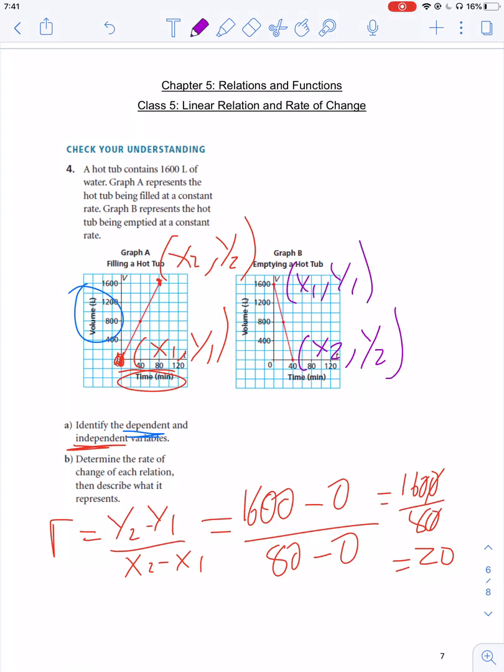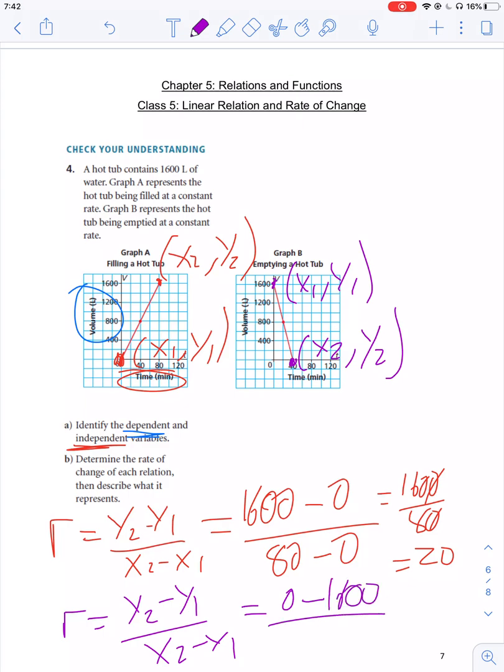So r for this one in purple is equal to y2 minus y1 over x2 minus x1. The y coordinate of this point is 0 minus y1, so the y coordinate of this point is 1600. And then I have to divide this by the x coordinate.